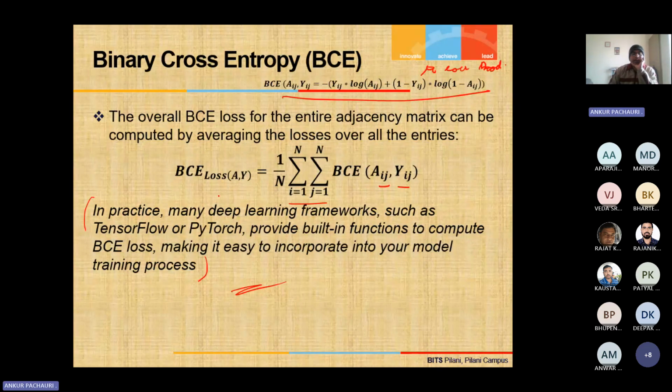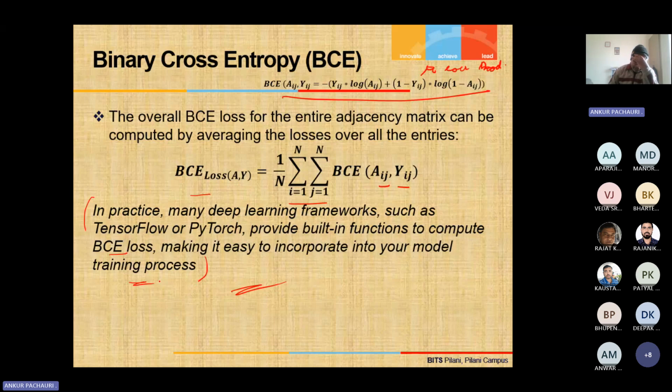So this will be the binary cross entropy loss function. In practice, many deep learning frameworks such as TensorFlow and PyTorch provide a built-in function to compute the binary loss functions, making it easy to incorporate into the model training process. We can directly implement it.